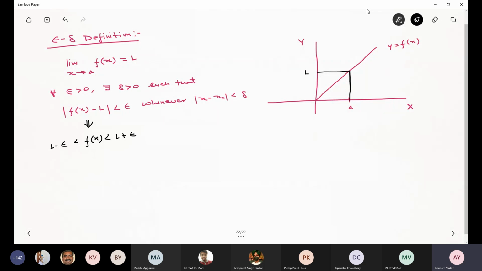So basically, by choosing any epsilon, we are creating an interval around the value L. This value is epsilon from here to here, and this value is also epsilon.